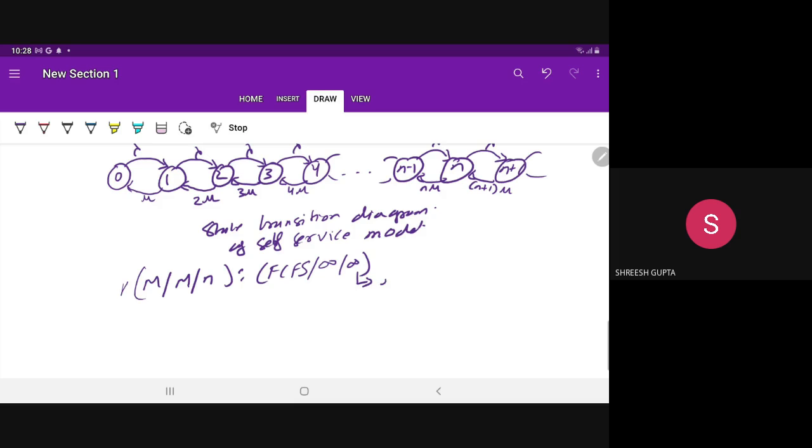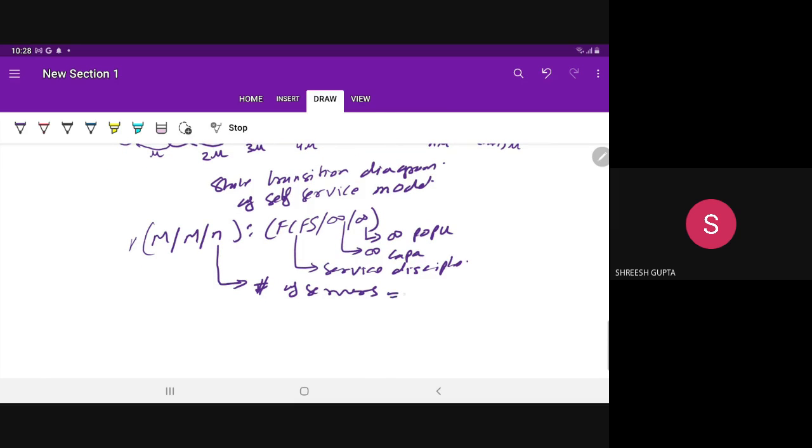What does it imply? Infinite population, infinite capacity, and the service discipline is first come first serve. The number of servers is exactly the state of the system n.